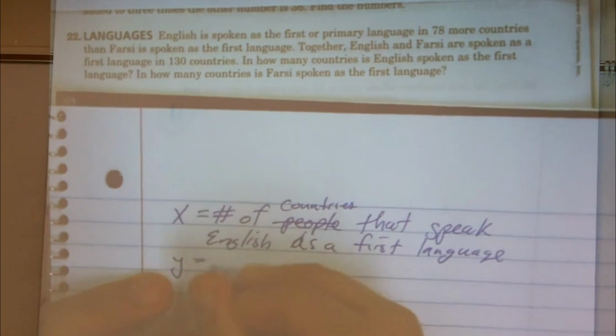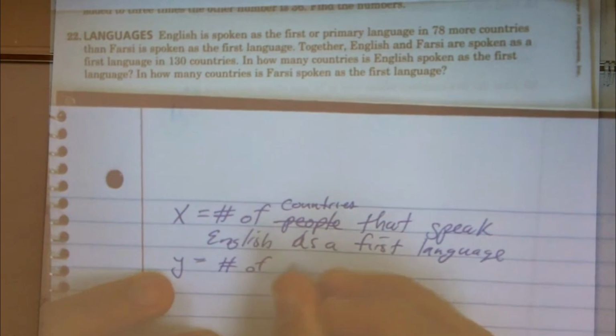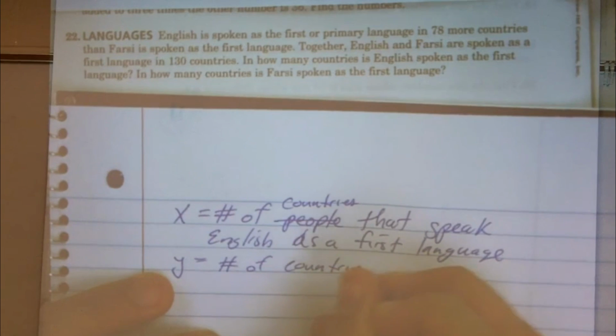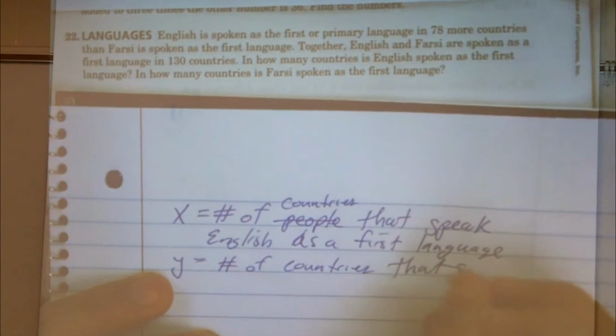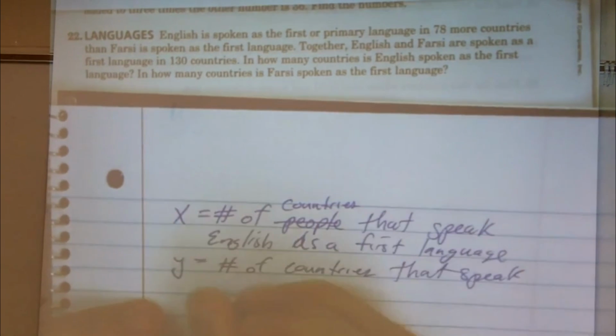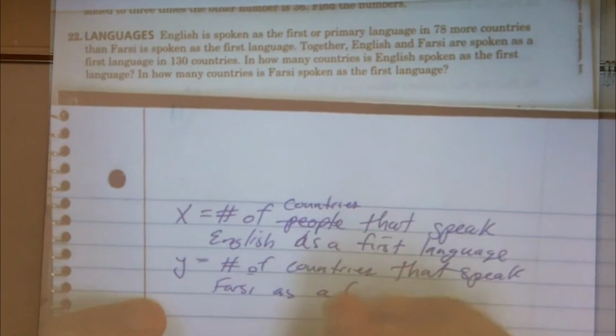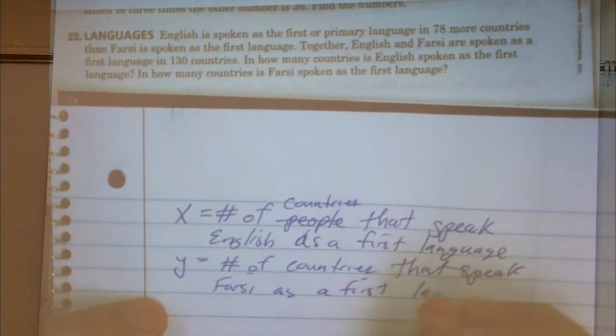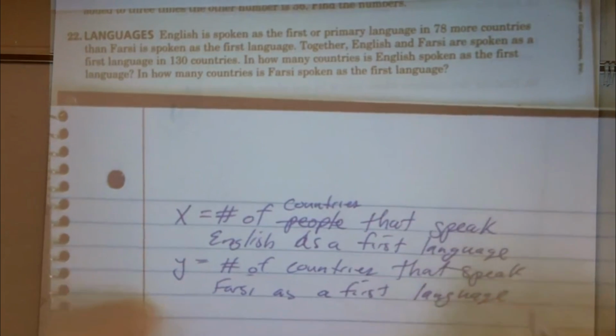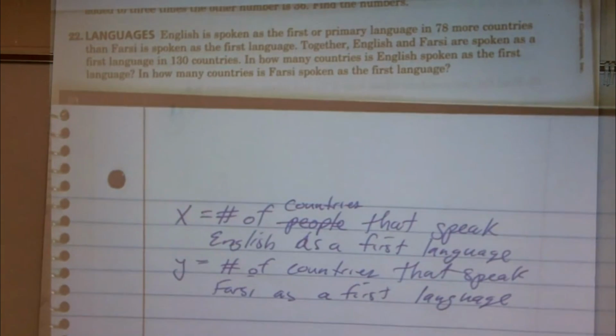And then we'll have y equals the number of countries that speak Farsi. Okay, follow me? Are we cool with that? That's the hardest part.